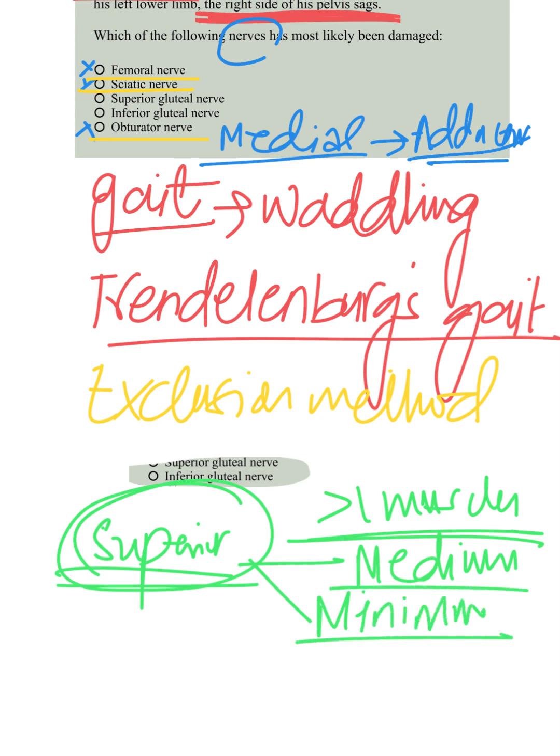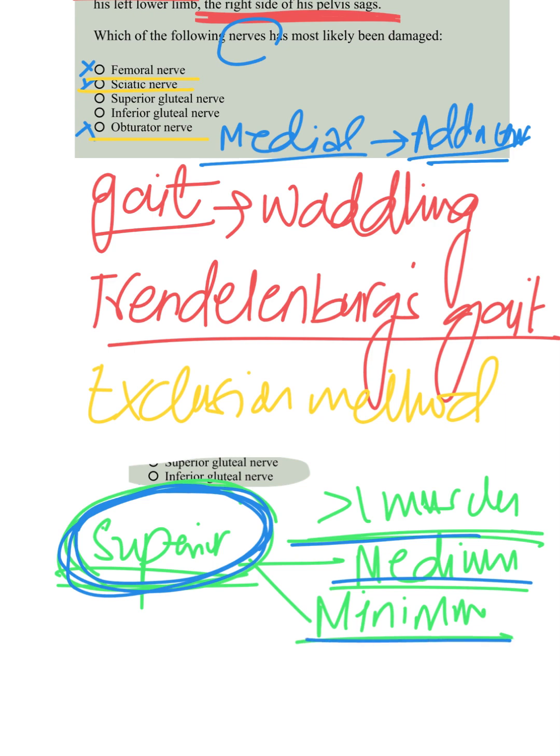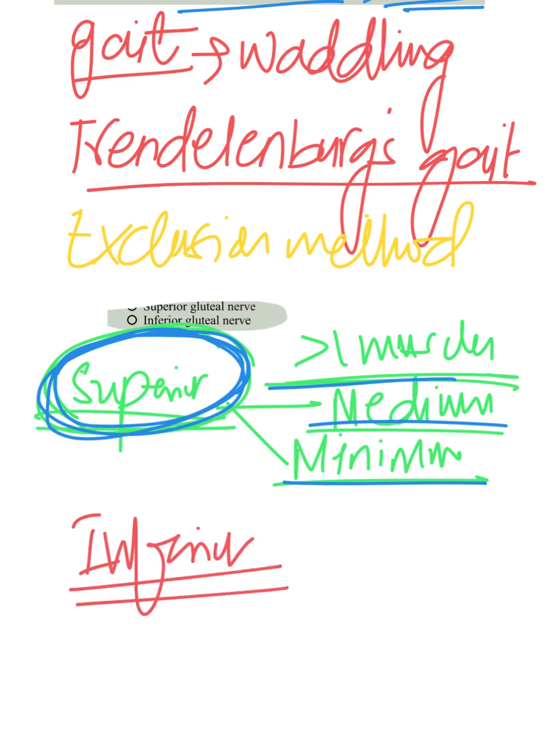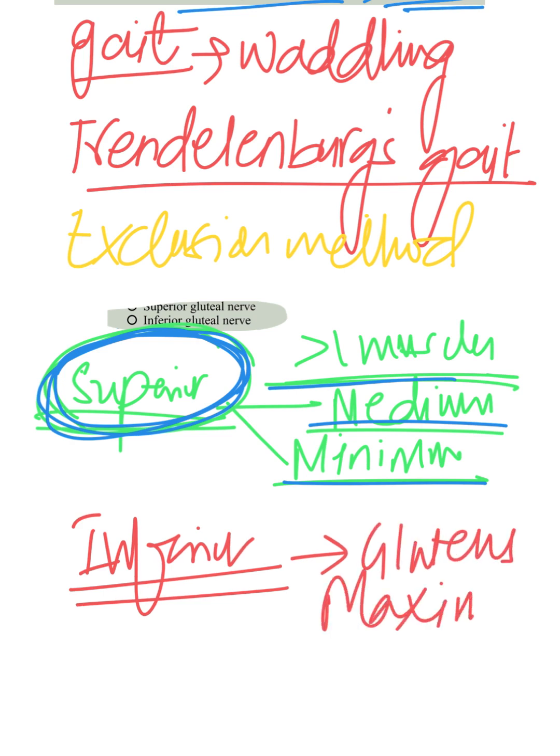The superior nerve has taken this duty or responsibility to take over the two younger ones, the medium and the minimum ones. Whereas the opposite will happen for the nerve that is left. So automatically this means that the inferior gluteal nerve is going to supply gluteus maximus, because only this muscle is now left.